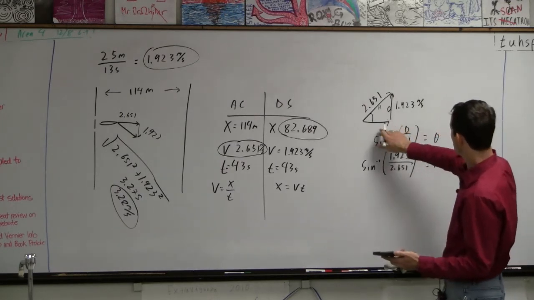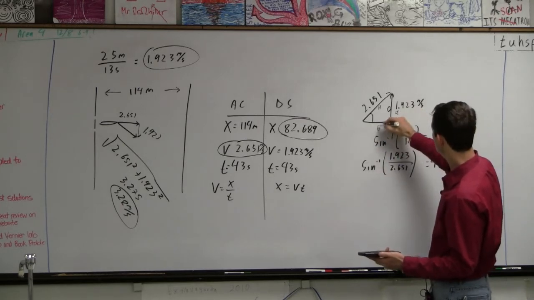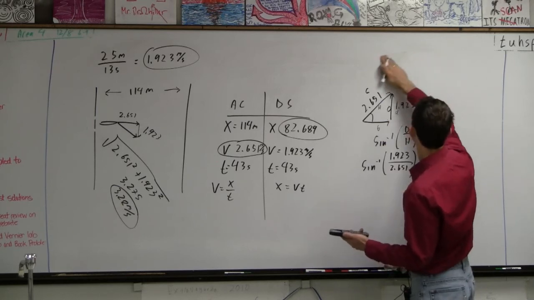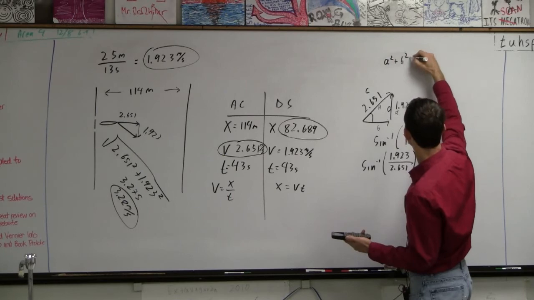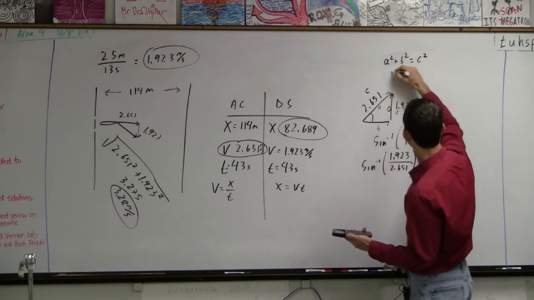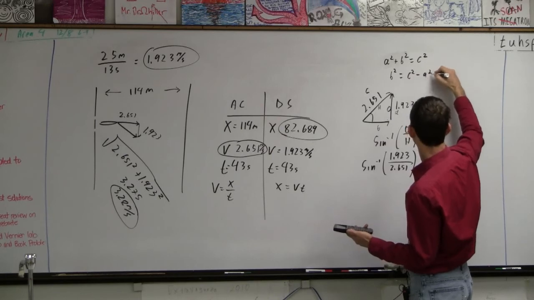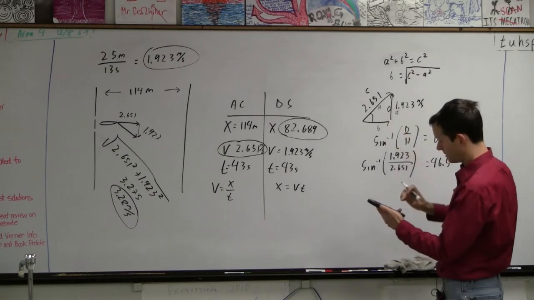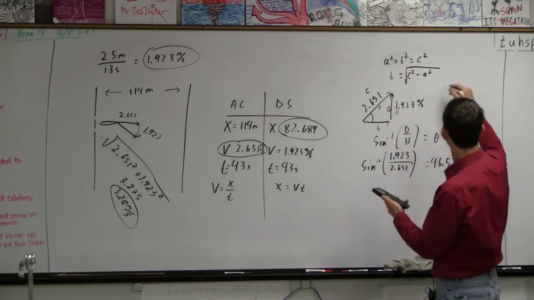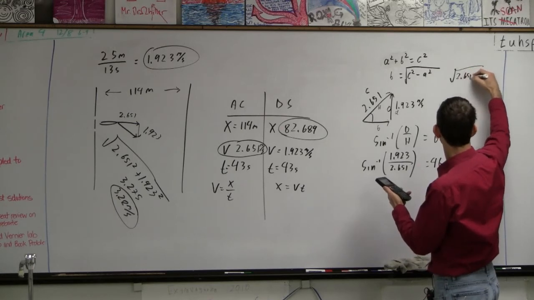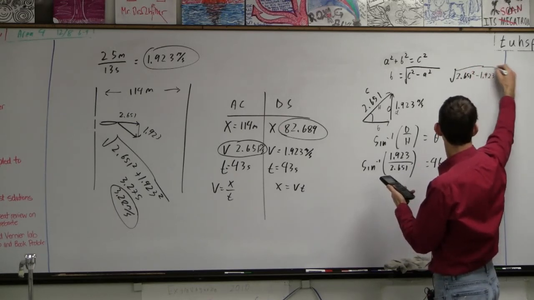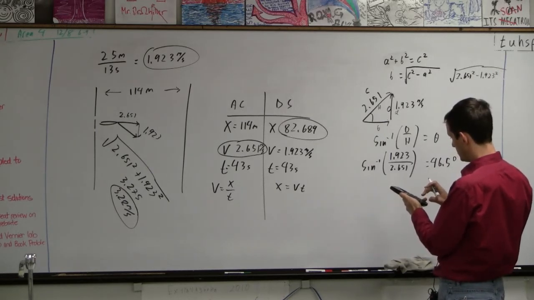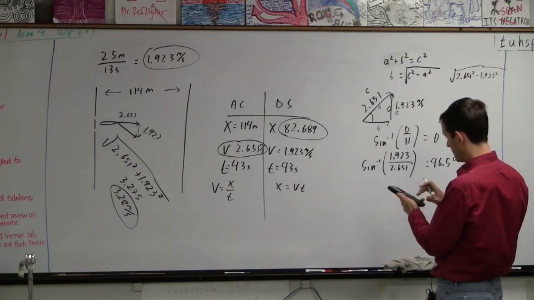The other way to do it is to find this side here. If this is A and this is B and this is C, if A squared plus B squared equals C squared, then B squared is C squared minus A squared. So B is the square root of that. So square root of 2.651 squared minus 1.923 squared.